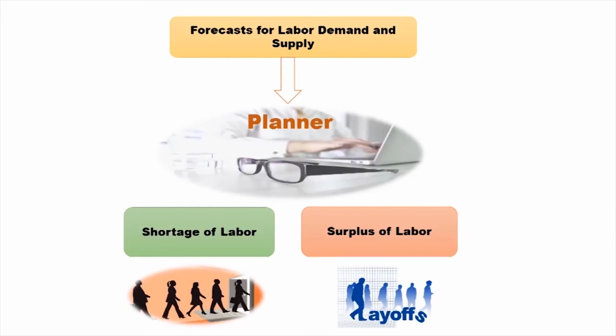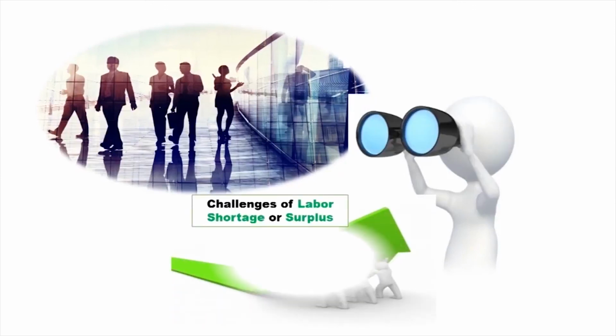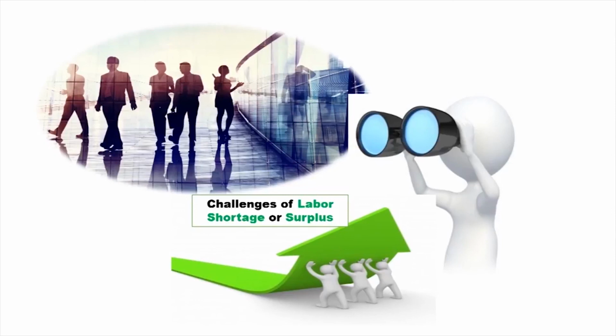And determining expected shortages and surpluses allows the organization to plan as to how to address these challenges. So in this video, we discussed the first step of the HRP process, that is forecasting.